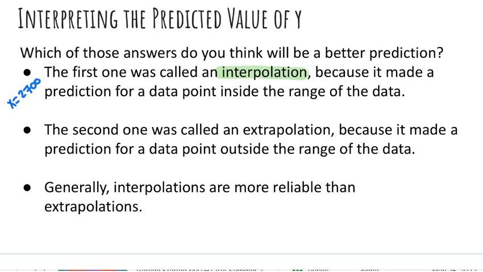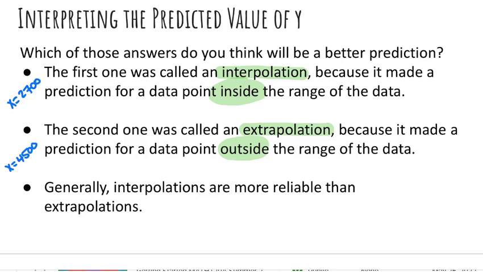When we plugged in 4,500, that was called extrapolation, because it made a prediction for a data point outside of the data range. So interpolation is when you make a prediction based off a number inside the data range, and extrapolation is when you make a prediction based off a data point outside of the range of data.